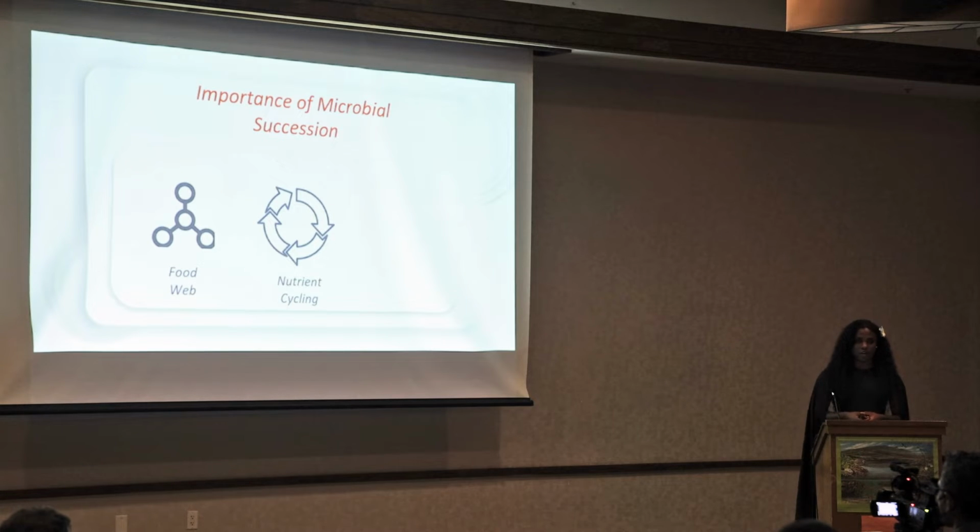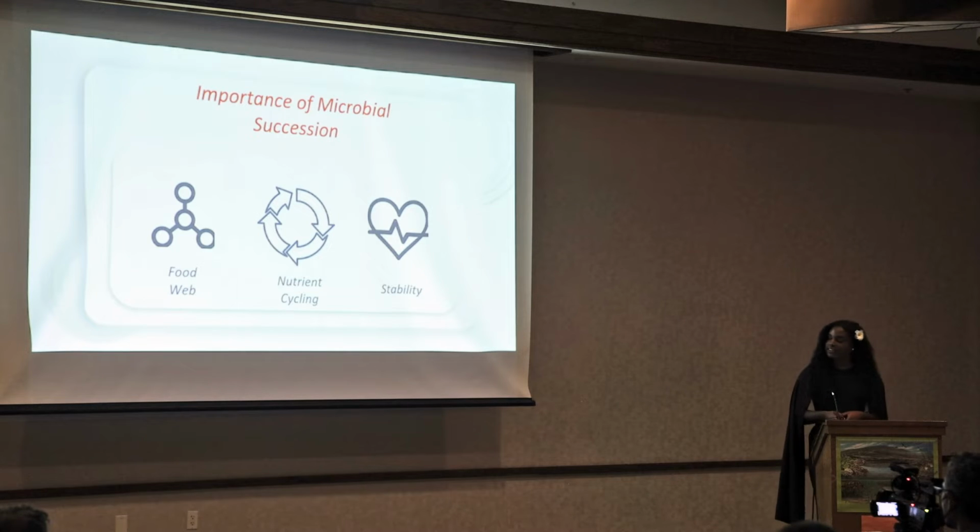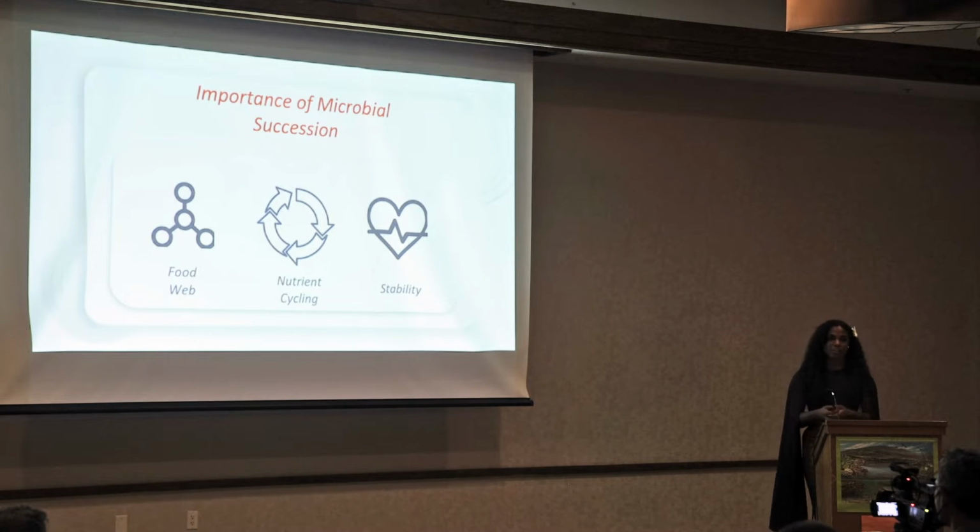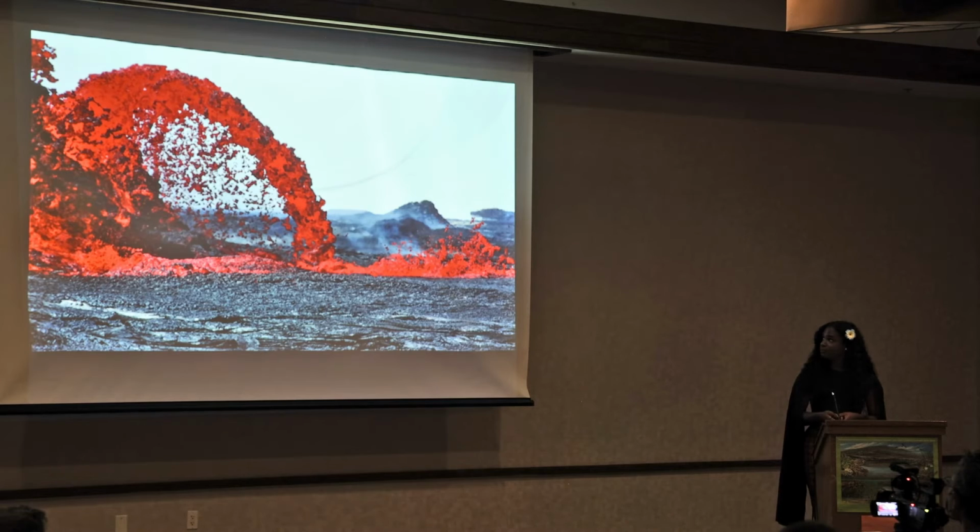And especially within aquatic environments, if these microbes don't show up and start the process of fixating nitrogen, etc., you can't have more complex life live in those ecosystems. And lastly, it establishes a level of stability, so having stable levels of these nutrients, as well as being able to remove toxins and waste products from more advanced life forms, is critical for this process.